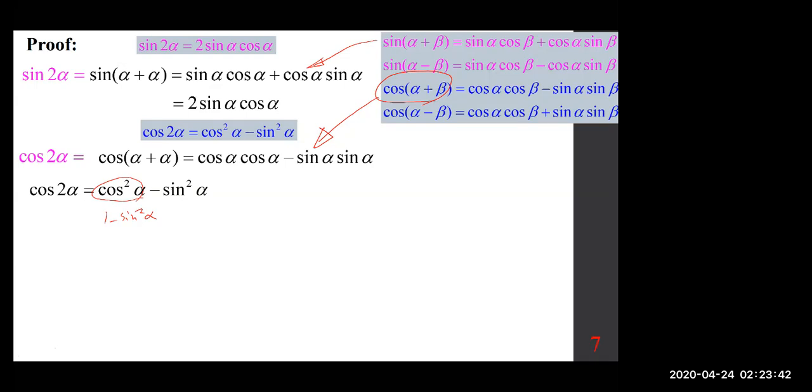If you change sine squared with 1 minus cosine squared, because of the negative sign, it gives you 2 cosine squared minus 1. So I hope you see why we have 3 answers in the case of cosine 2 alpha and how we arrive at those answers. Those are very simple, class.